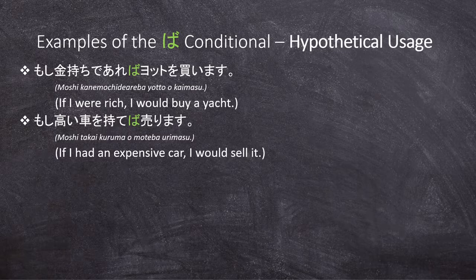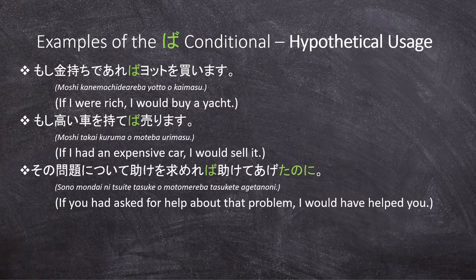But since we do not have one, this sentence is hypothetical, and that is why we are using ba and not any other conditional, because the entire situation is hypothetical. So when it comes to these unreal situations, I really strongly urge you to use moshi to introduce your conditional sentences, and of course bear in mind the connection between the condition and the result.